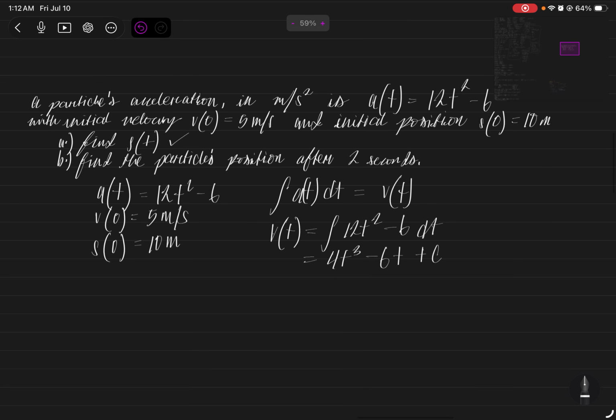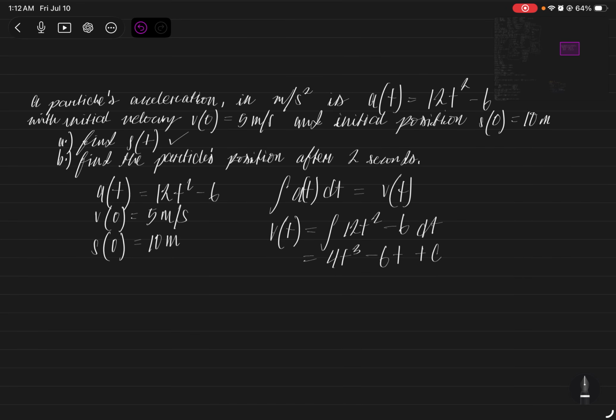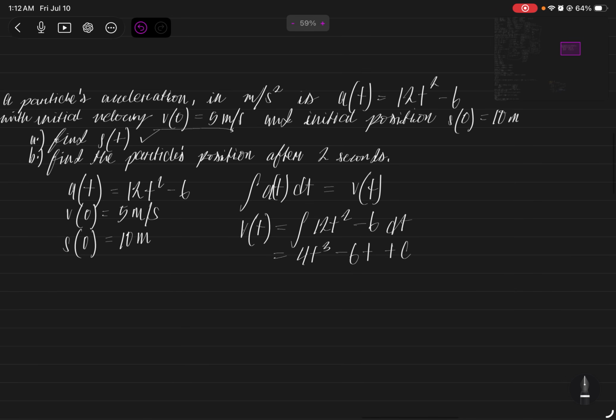Now, we could get the final value for the velocity of t since it is given that we have 5 meters per second. If the value inside v is 0, so v of 0 equals 4 times 0 raised to 3 minus 6 times 0 plus c equals 5 meters per second.